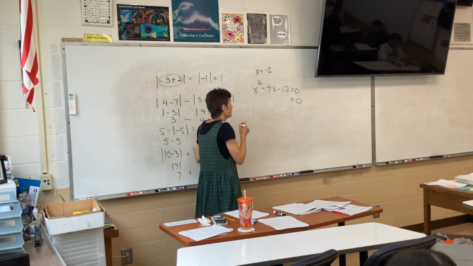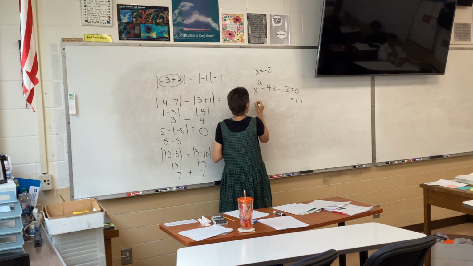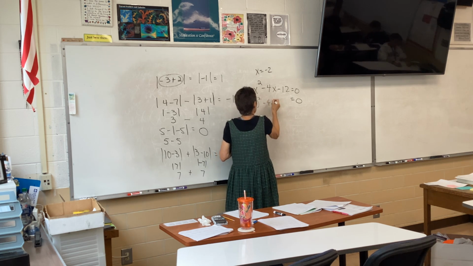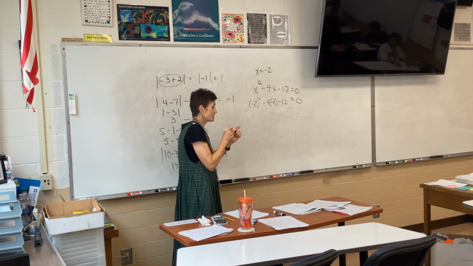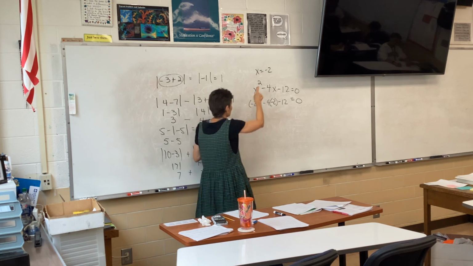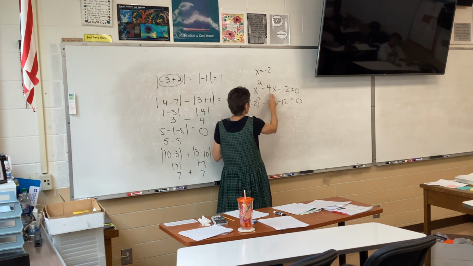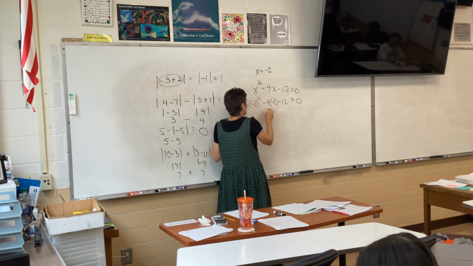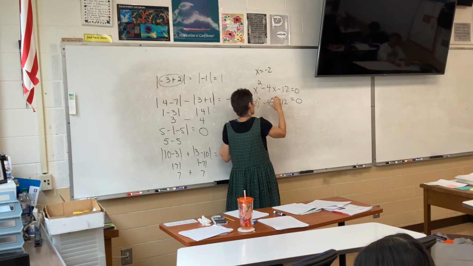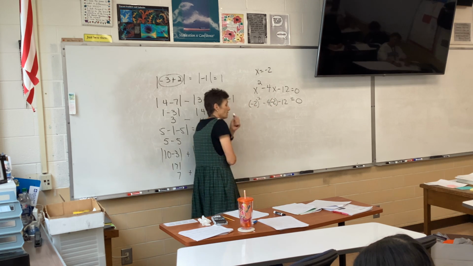Yeah, so here we go, I'm gonna plug in -2. Be careful when you plug it in. Notice, I plugged in -2 for my x's, but I had my negative in parentheses. So this is the number -2 squared, and this is -4 times the number -2.